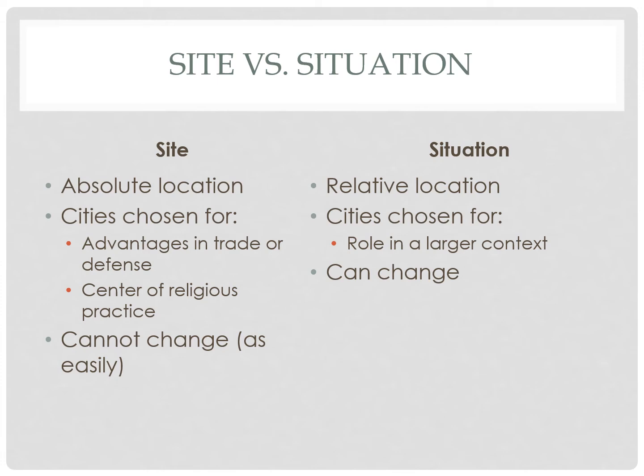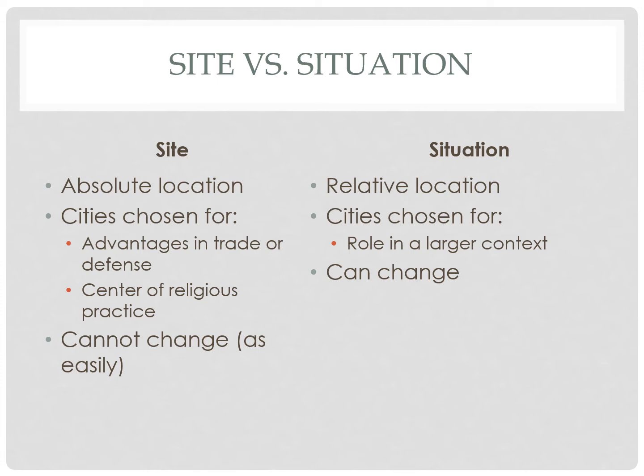Rome, during the height of the Roman Empire, was the central city. It was the center of power of the Roman Empire. It was the head of the Roman Catholic Church. But with changes that came about, the fall of the Roman Empire, the Renaissance movement, which placed more cultural significance on areas like Florence, the Industrial Revolution, which placed more industrial importance on places like Naples, changed the situation, changed the relative location of Rome.